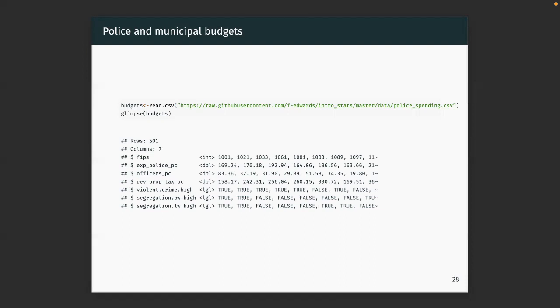We have a FIPS code. Has anyone seen these FIPS codes before? These are 5-digit identifiers for counties in the United States. So 1001 is actually 01001, but the first 2 digits identify the state, Alabama, and the last 3 digits identify the county in the state. So every single county in the United States has a unique 5-digit identifier.